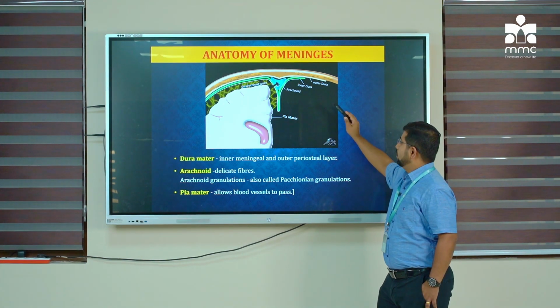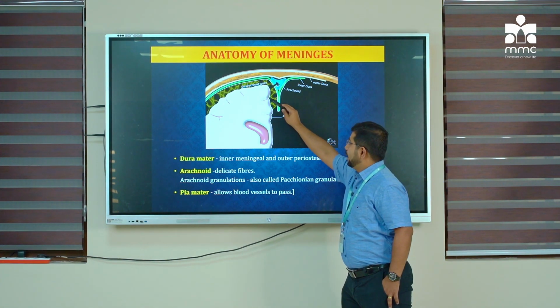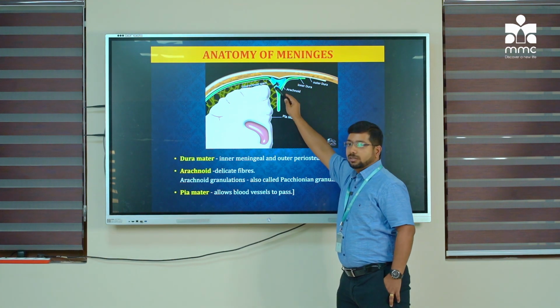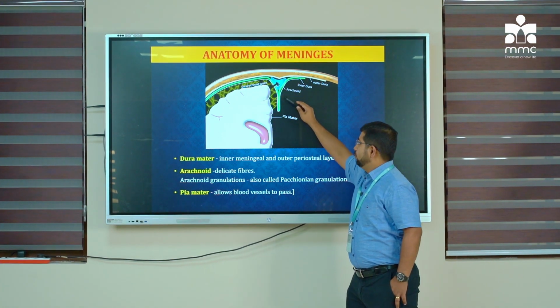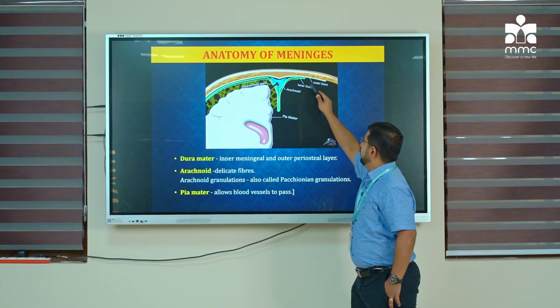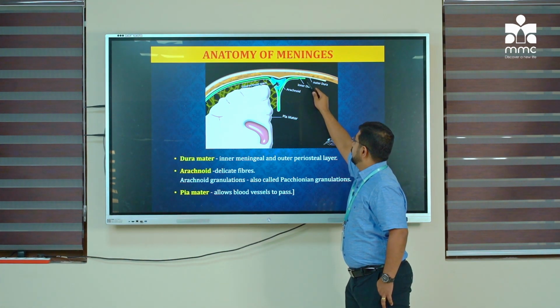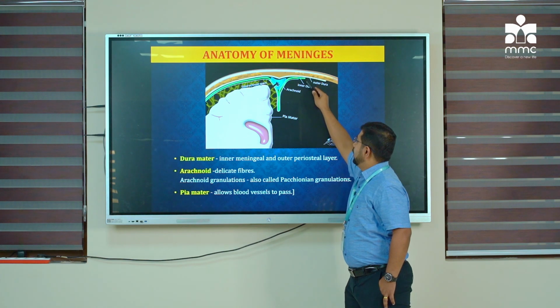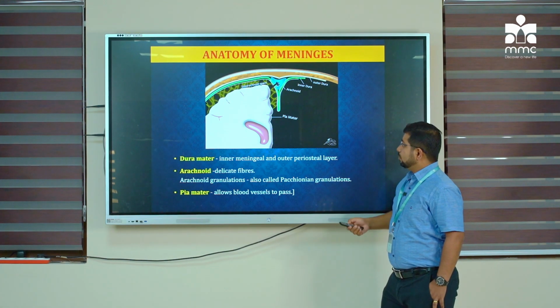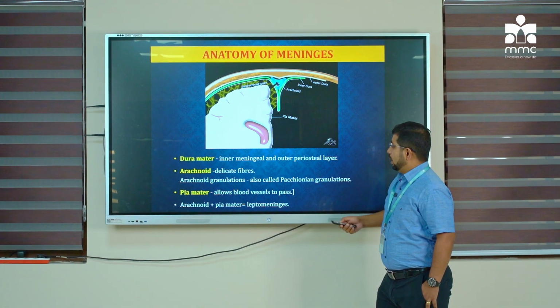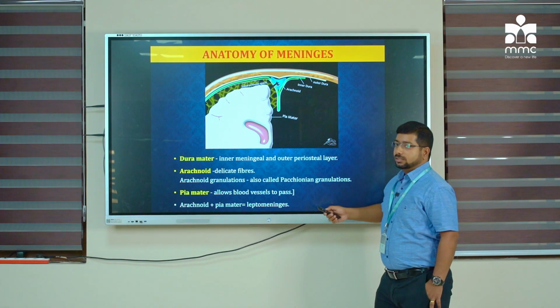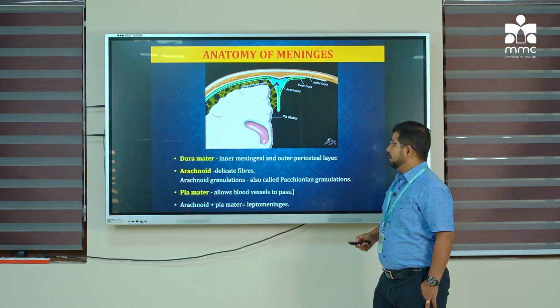Between the pia mater and the arachnoid mater we have the CSF. Between the periosteal outer dura and the inner dura, we have two layers of the dura. Leptomeninges is nothing but arachnoid plus pia mater.